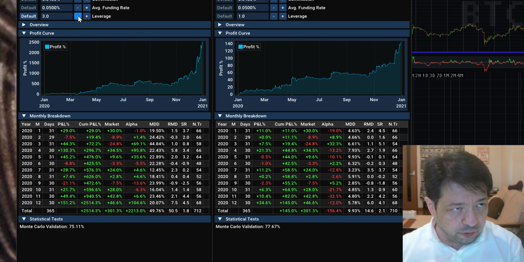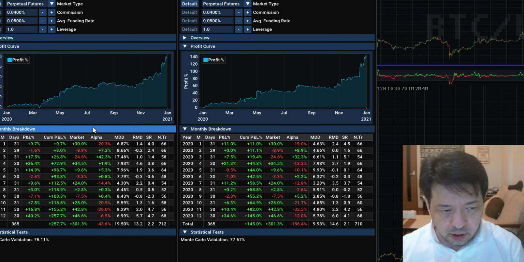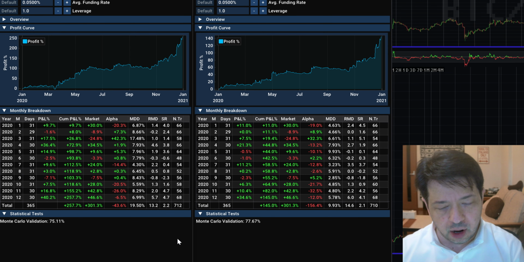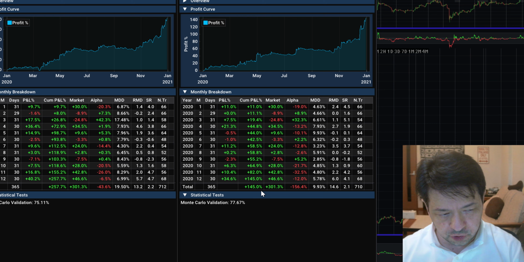If we go back to one-time leverage, on the left side we have the regular algorithm. On the right side we have the one that has been optimized to reduce the drawdown. In this case, we only have 10% drawdown, which is basically half of it. Profit is also considerably less.